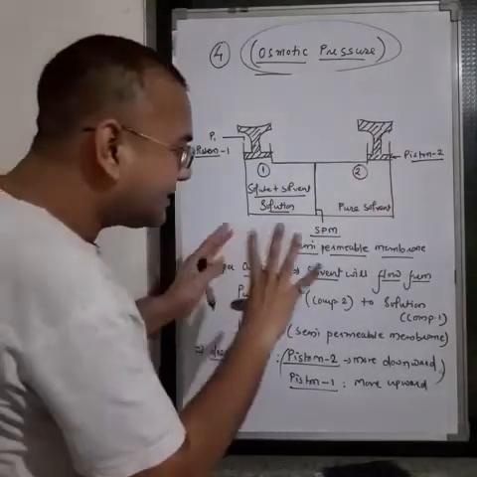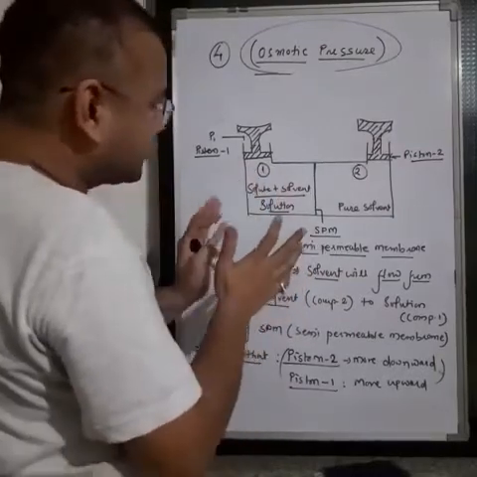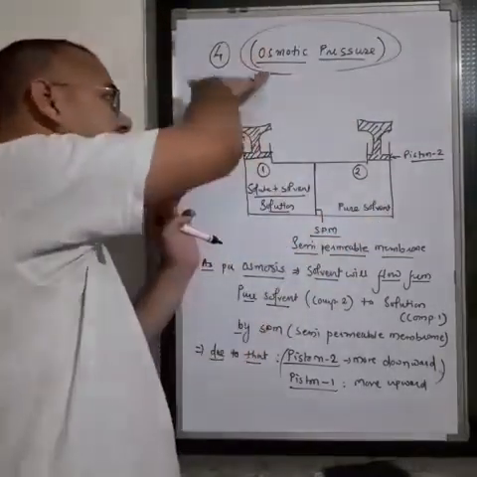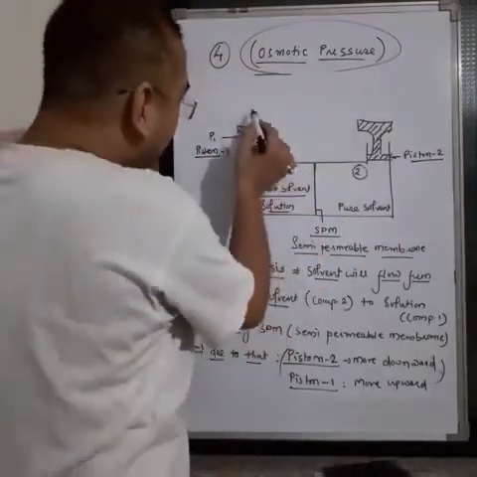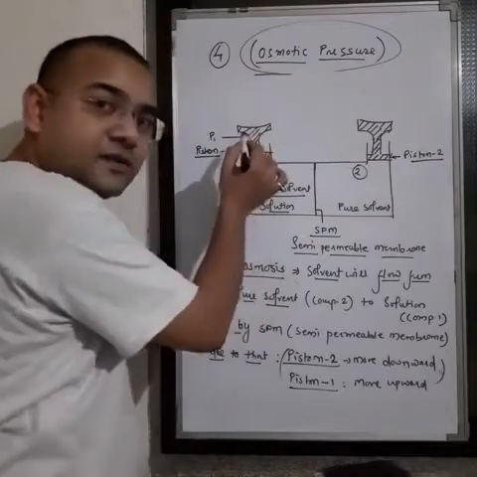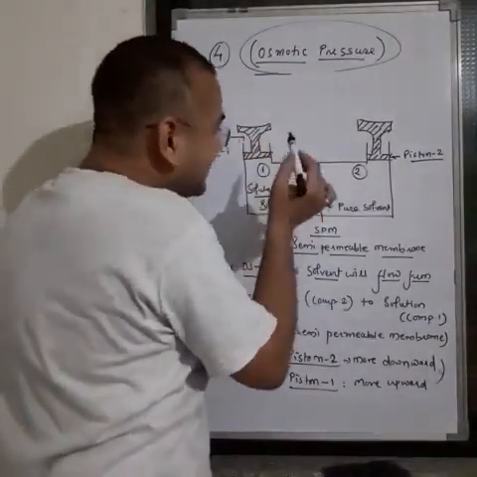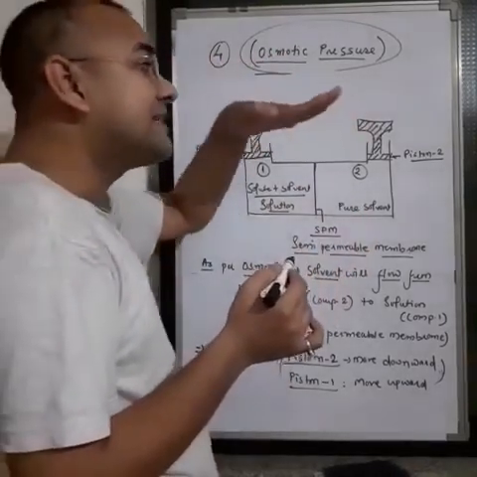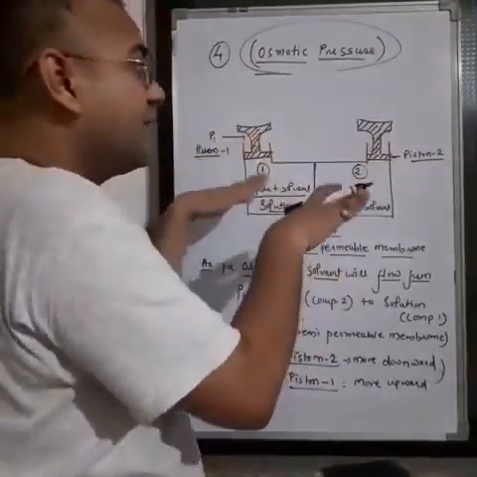Now what is the osmotic pressure? It means we have to apply external pressure on piston 1. Due to that, piston 1 and piston 2 both remain stable or constant, meaning both are unable to move.